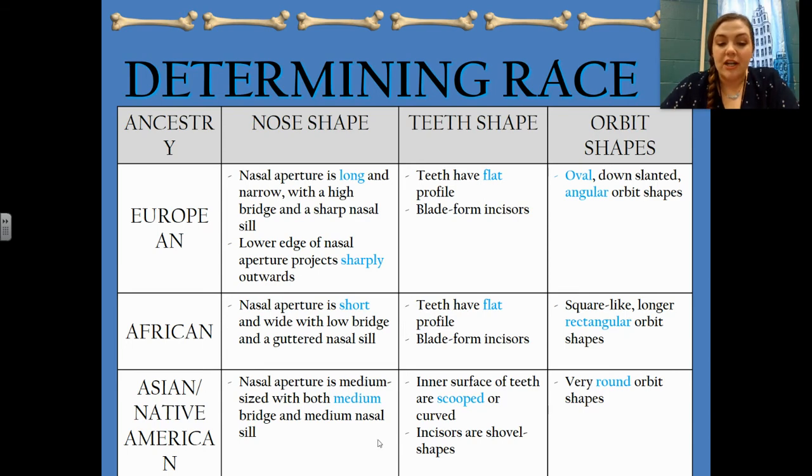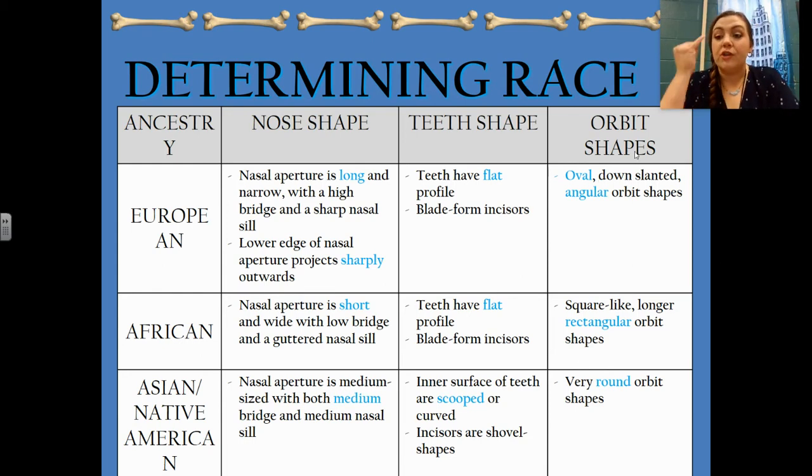But when we get into Asian and Native American, the inner surface of the teeth is scooped. So instead of it being flat back here, it actually has a scoop. Again, the pictures will make it a lot more clear. And incisors are shovel-shaped. If you don't know what an incisor is, it's the tooth off to the side next to your canine. Their incisors are more shovel-shaped, which just means, again, they have a scoop.